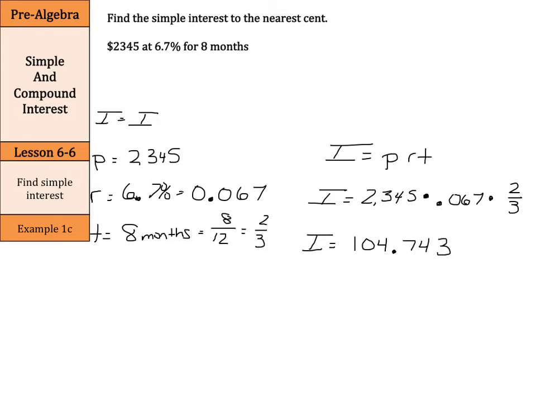Now I do need to round this to the nearest cent. And the cent here is the 4. And if I look one to the right, the 3 is not going to round the 4 up. So my final answer here is $104.74. So the key out of this question is to make sure your time is in years. And 8 months is 2/3 of a year.